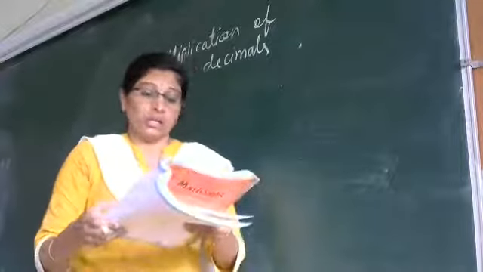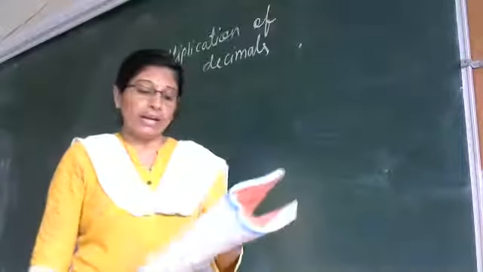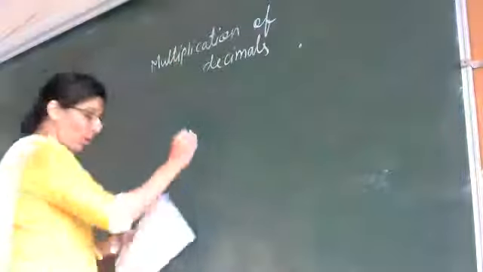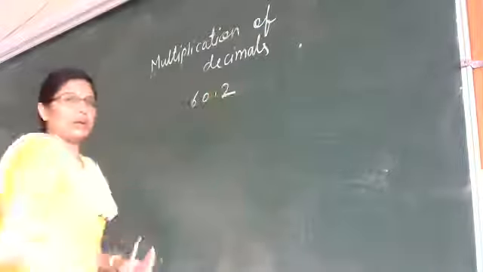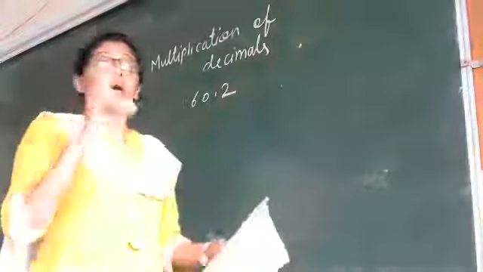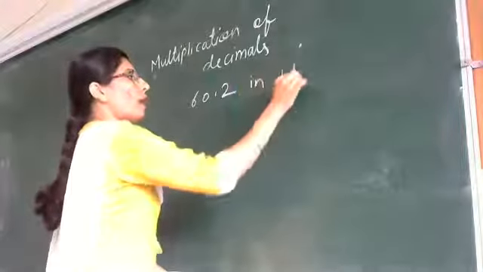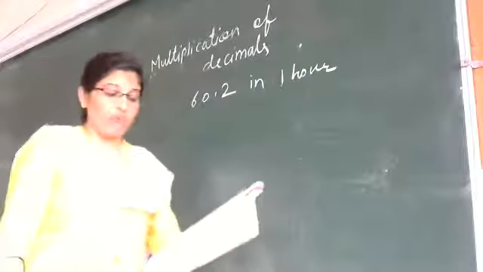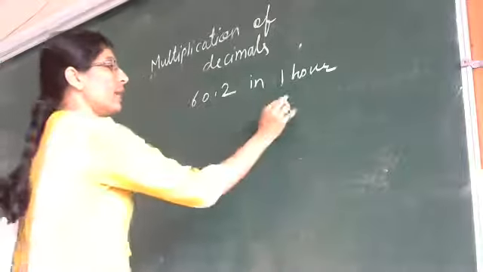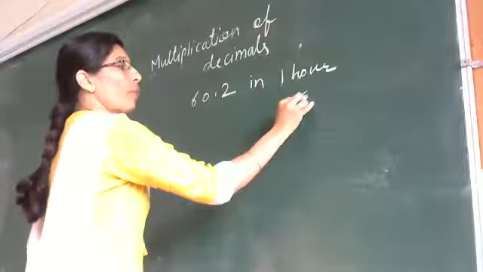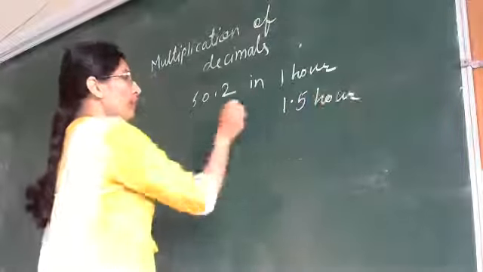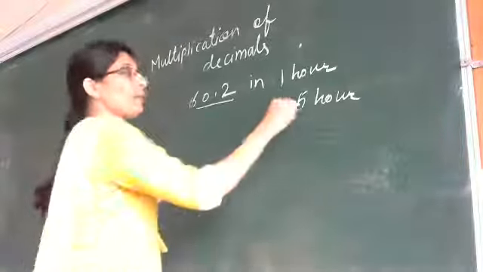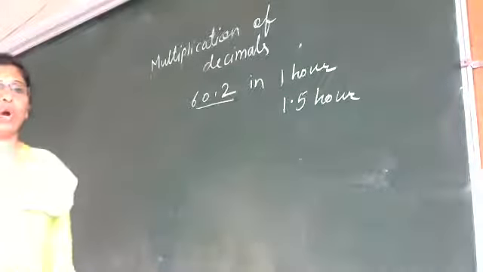Here they have given that his speed is 60.2 miles per hour. In 1 hour he travels 60.2. We have to find out how much distance he traveled in 1.5 hours. What do we have to do?